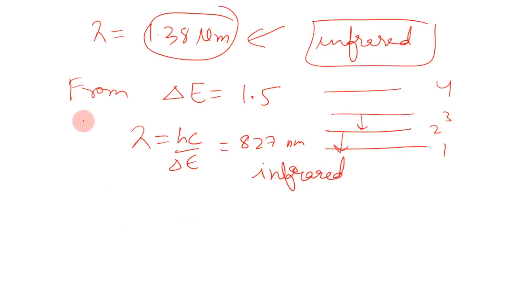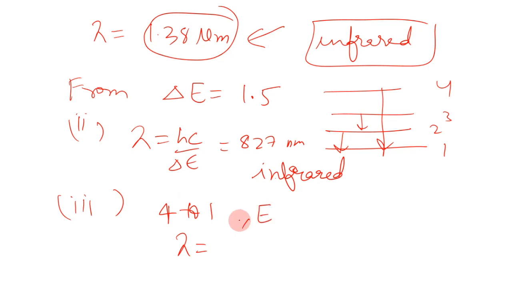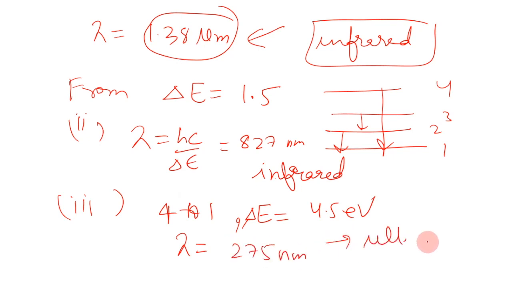This is the second transition we take. Third transition, if you take from 4 to 1, delta E will be equal to 4.5 electron volt, so our lambda will come as 275 nanometer, which is in the ultraviolet range.